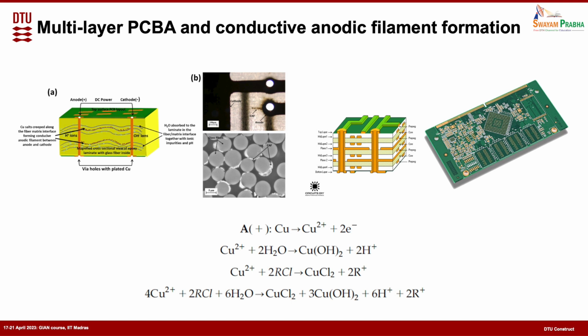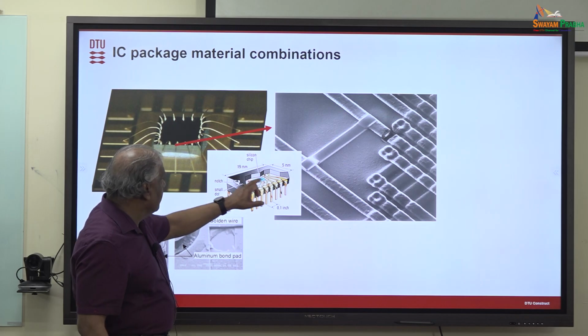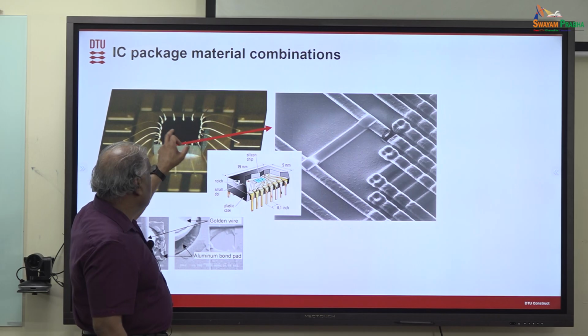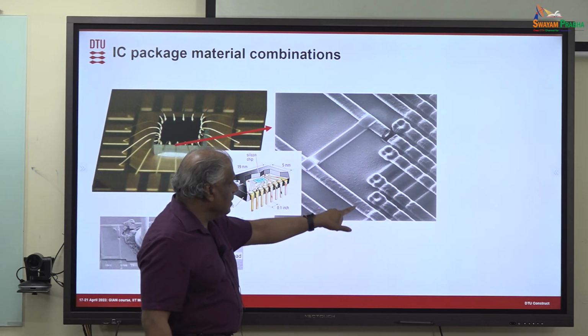I just want to show you one failure also related to the integrated circuit, because that's another type of material combination that happens. If you look inside the integrated circuit, this is what you see. This is a silicon semiconducting part. This semiconducting part is divided into different layers by these aluminum lines.